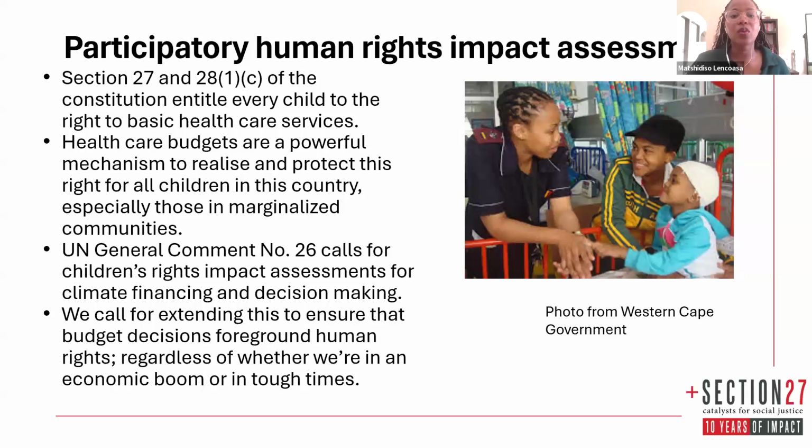So we call for extending this so that whenever a decision is made, for example, they cut the budget for HIV, it's not just that Treasury recognizes that this will likely worsen the quality of healthcare services, but we extend that and ask, okay, we recognize that it will, so what do we do then? If we're going to cut the budget, how do we maintain or even improve the quality of healthcare services in that context? So that's one way to do it.